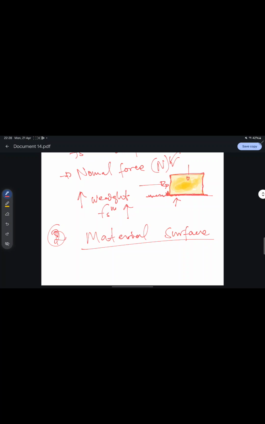Let's assume that this block is on a plank and another block is on just ground, a rocky ground.